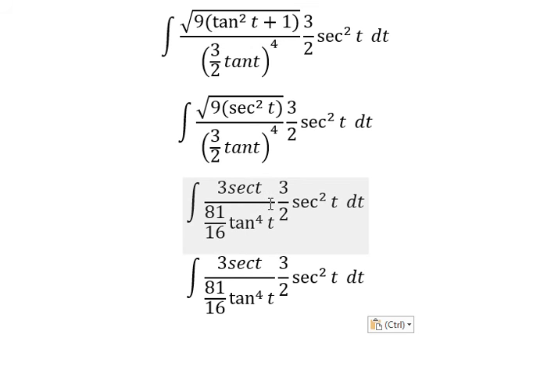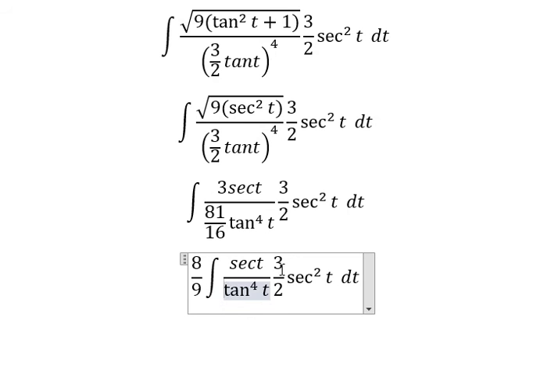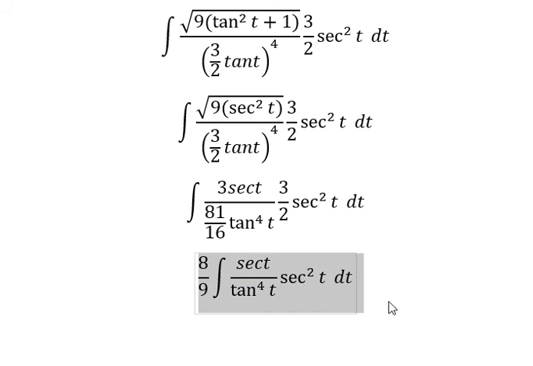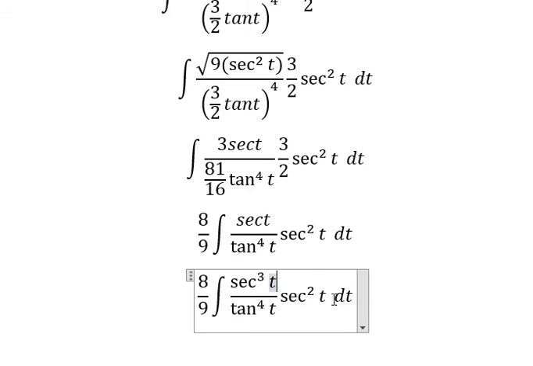We simplify together, and you get 8/9. Secant² t multiplied by secant t, you get secant t to the power of 3.